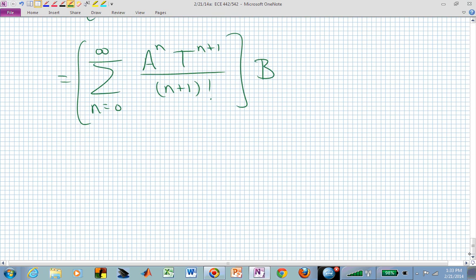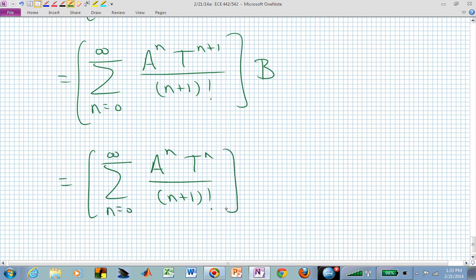T is not a function of little n, and because of that we can actually factor one of those T's outside the square bracket. We now have A to the n, T to the n over n plus 1 factorial, n equals 0 to infinity.